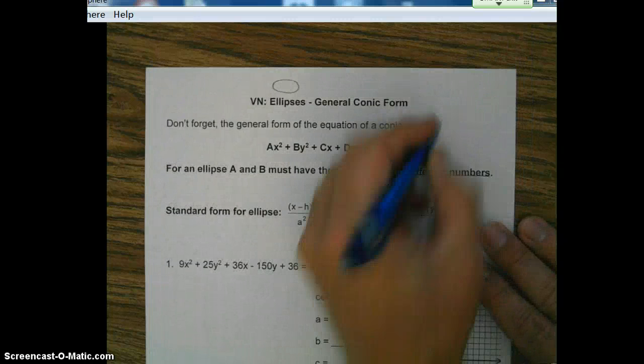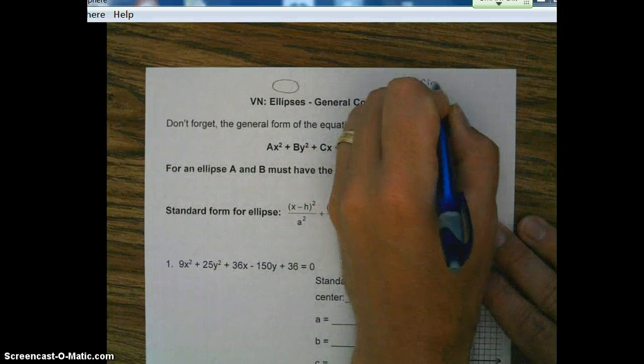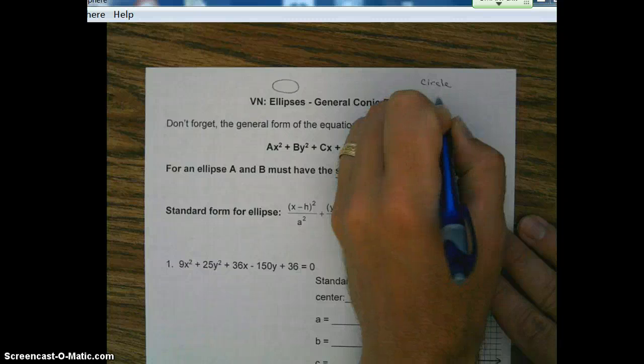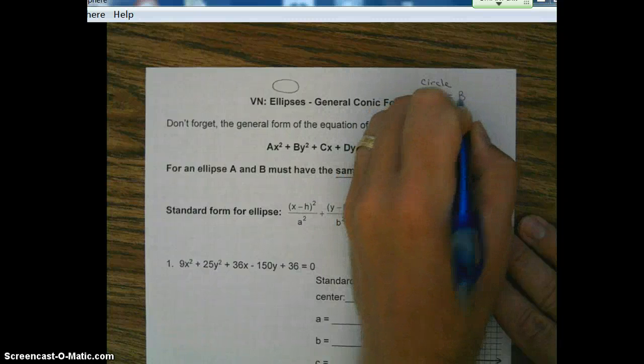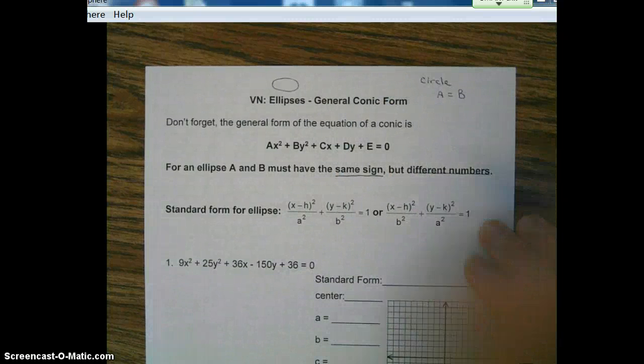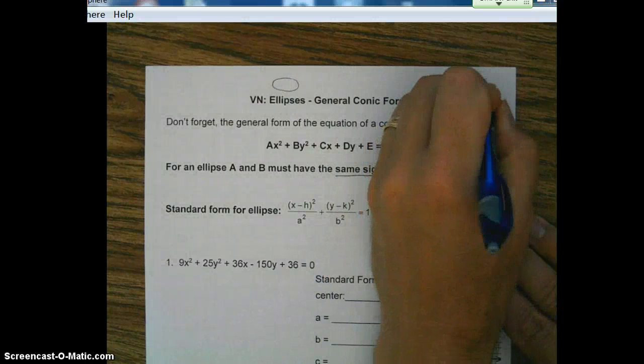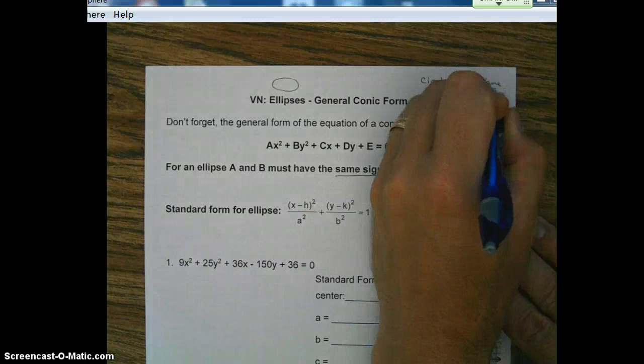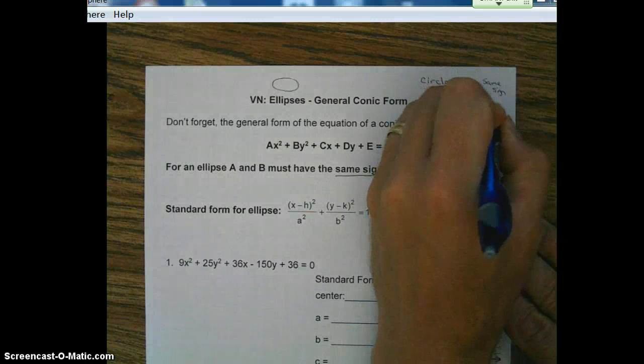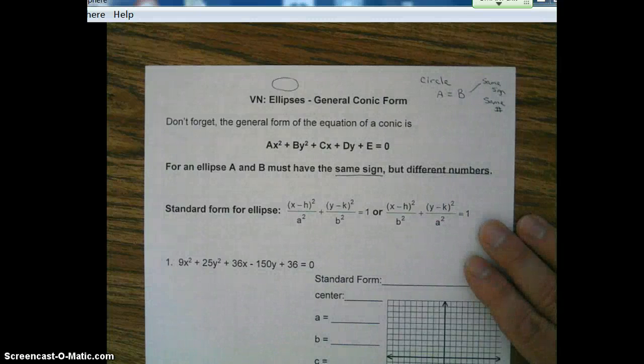So let's write this up here again. Circle: A equals B. Same sign, same numbers. They have to be equal.